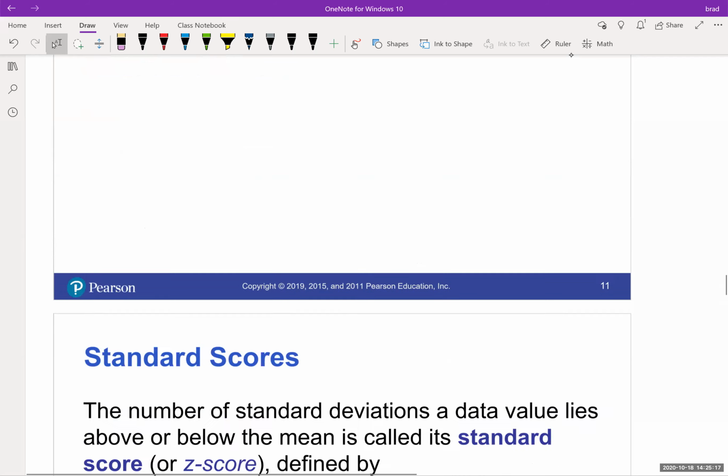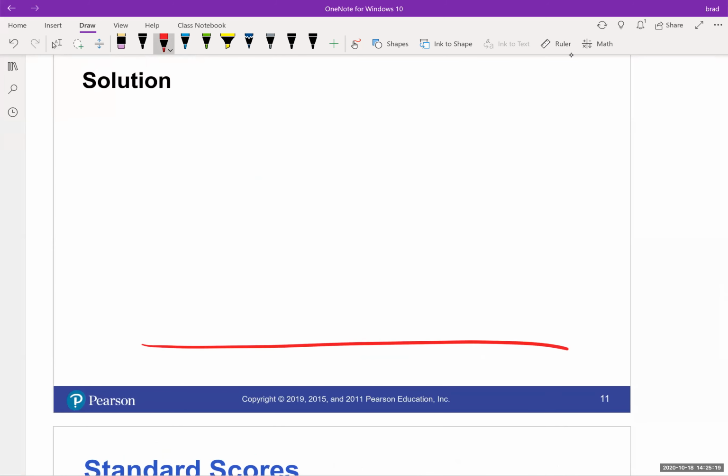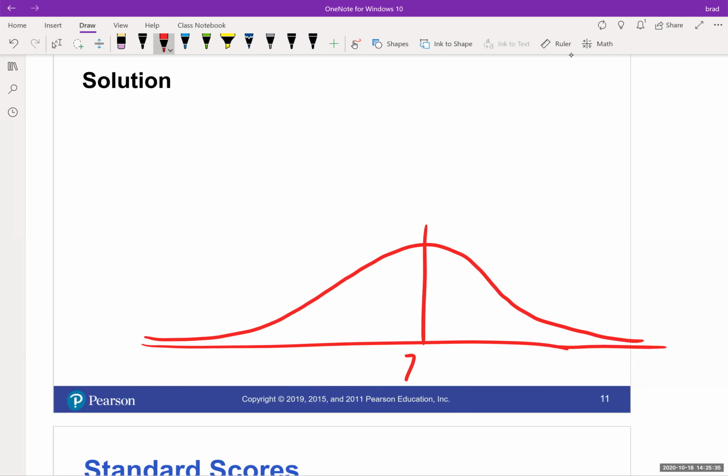Because think about it. If I gave you an exam and I said the mean was a 73 and it had a standard deviation of, doesn't matter. Oops. Let me draw my picture. Sometimes I do better when I draw a picture. Okay, so let me draw my mean. So let's say my mean was 73 and you go over 1, 2, 3 standard deviations.